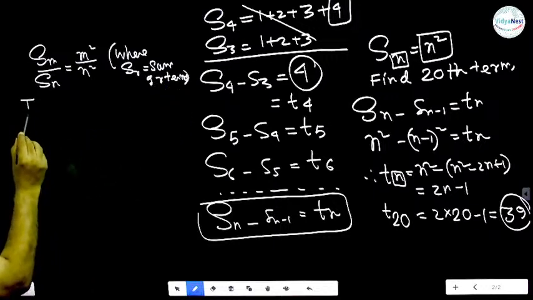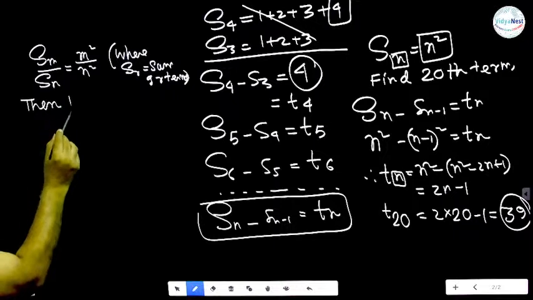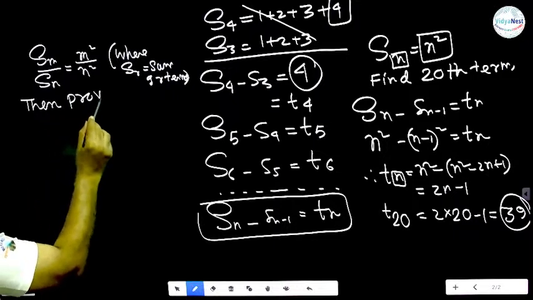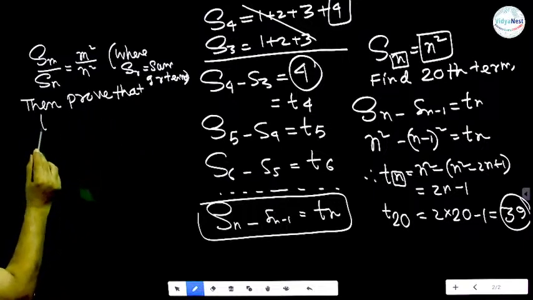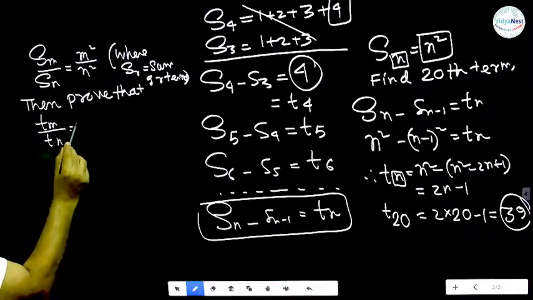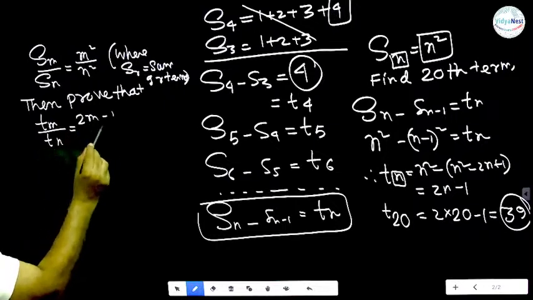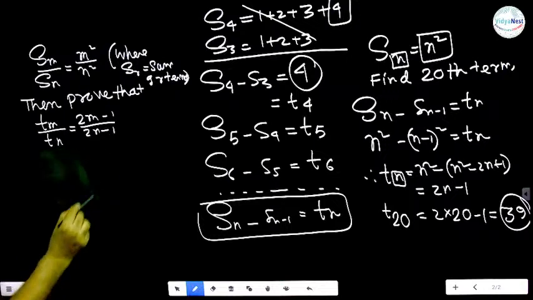Then prove that Tm by Tn is 2m minus 1 by 2n minus 1.